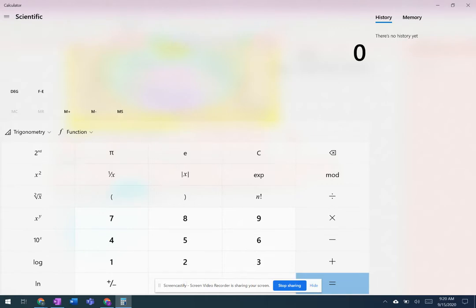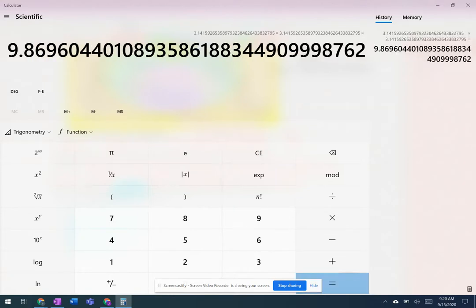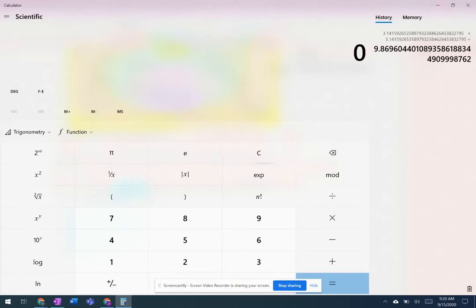Of course. Oh, there it is. Okay. So if I do pi times pi, look what I ended up with. Another really long, never-ending, non-repeating decimal. So that doesn't work.